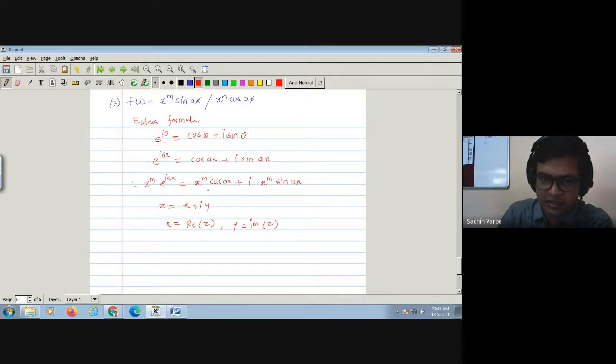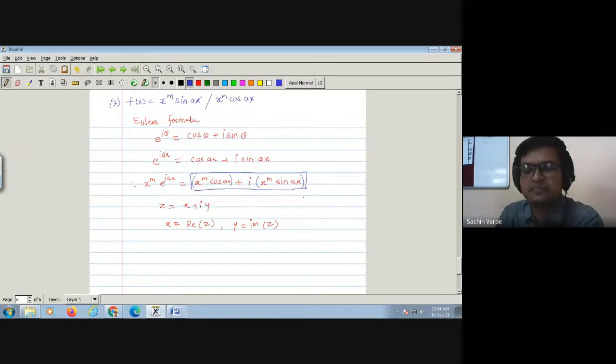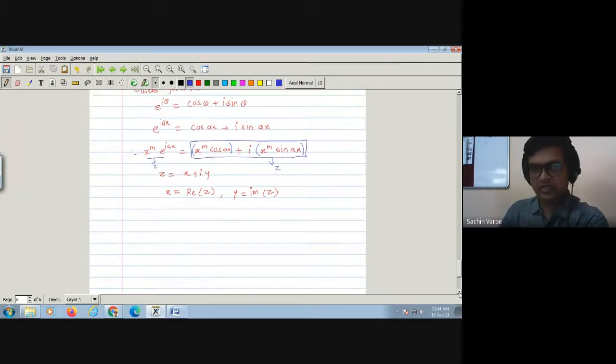So is this of the form x plus iy or a plus iv? This is of the form x plus i times y, right? So that means this is a complex number, and hence the left hand side is also a complex number.